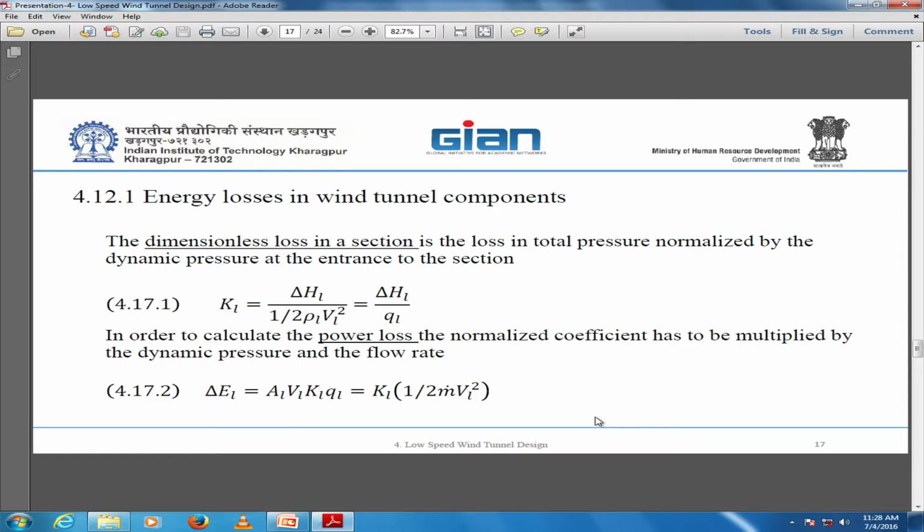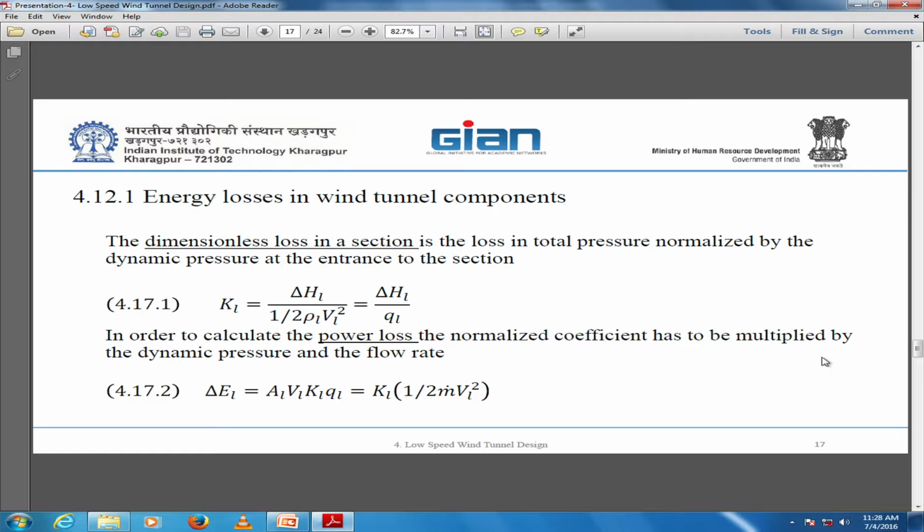Now we can define the coefficient of loss of the local section referred to the test section. Namely, we divide the head loss by the dynamic pressure of the test section.